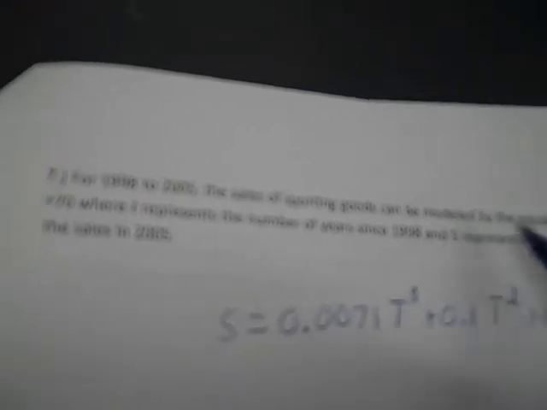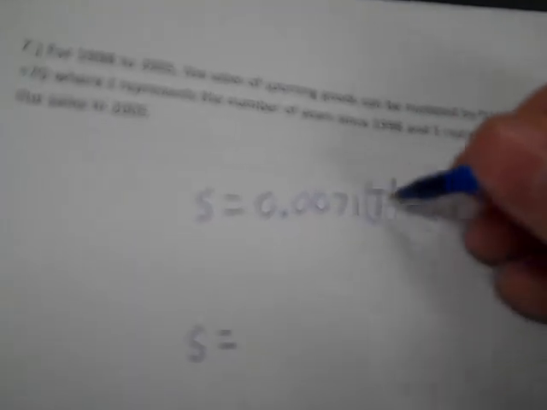Now, T is years. Give me a year. Don't use 1998. That's your first year. So later on in the problem, 1998 again, 2005, okay? So 2005 is going to go in for T, but we need to subtract 1998. And that gives me 7. So I'm going to insert 7 in for the T, okay?